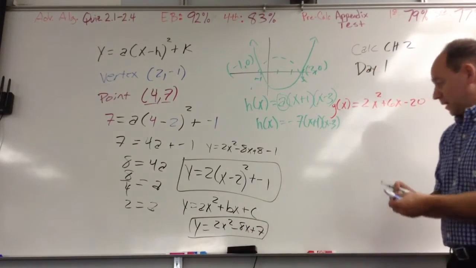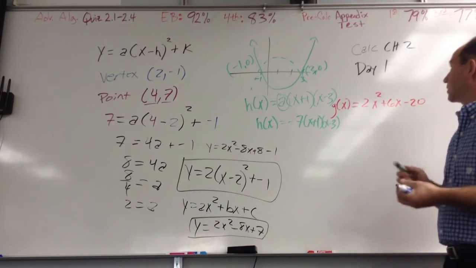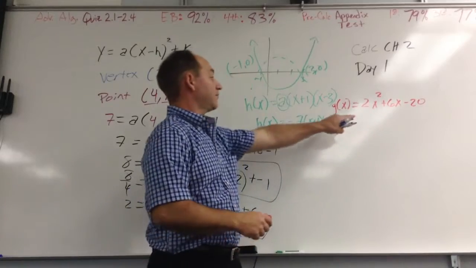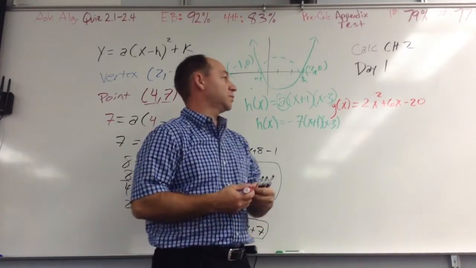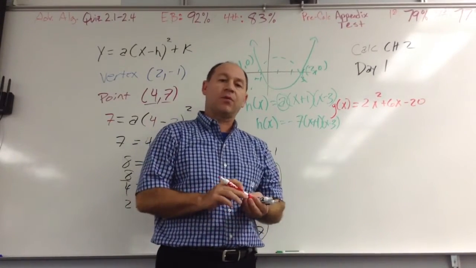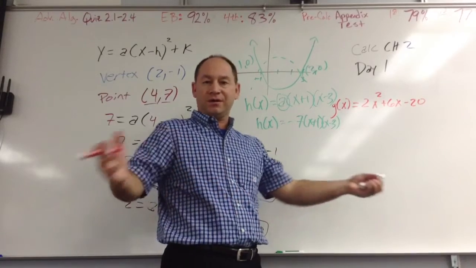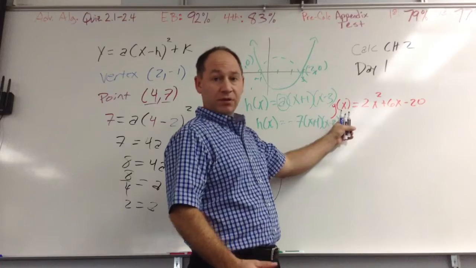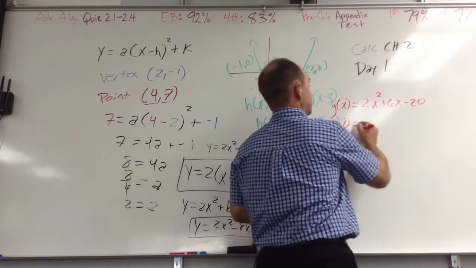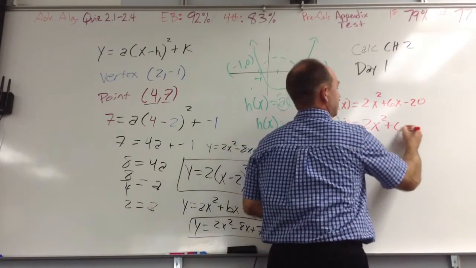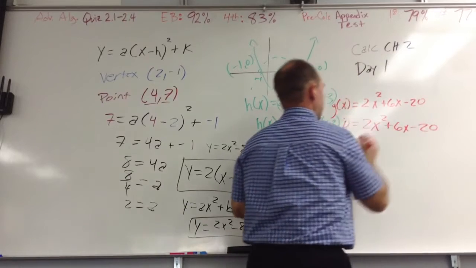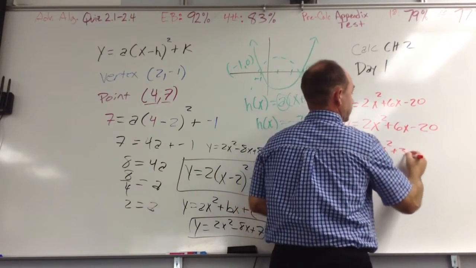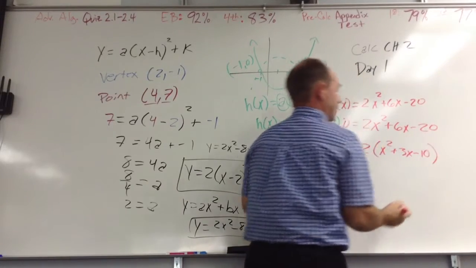All right? And then the last thing for these quadratics, as a reminder, would be what happens if I give you g of x over here is 2x squared plus 6x minus 20, and I want to know something like, are there any x-intercepts? Well, x-intercepts happen when this value is 0, so I'd be asking you, when does 0 equal 2x squared plus 6x minus 20? So when does 0 equal 2 times the quantity of x squared plus 3x minus 10?